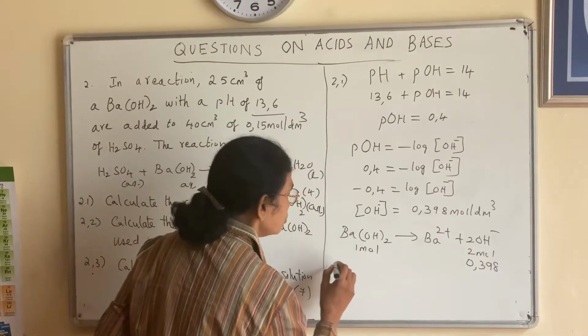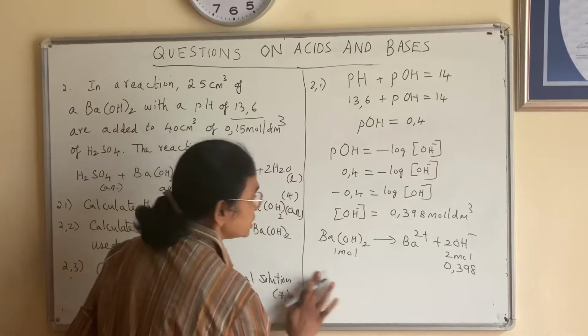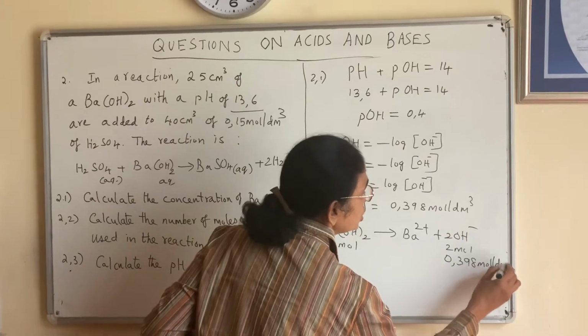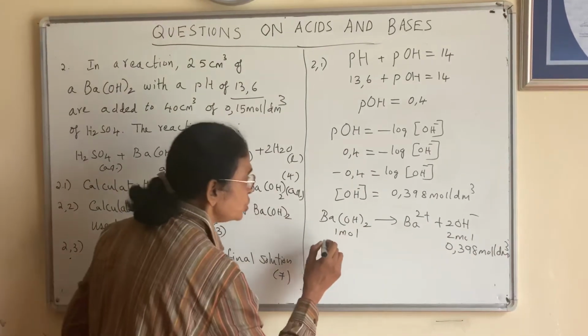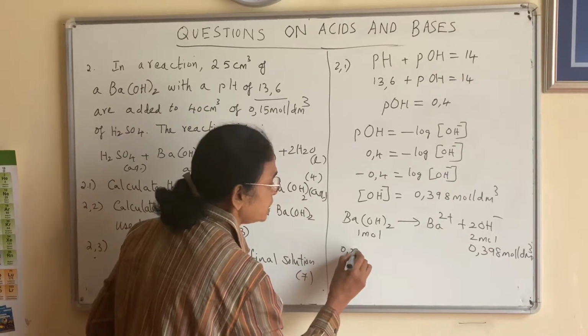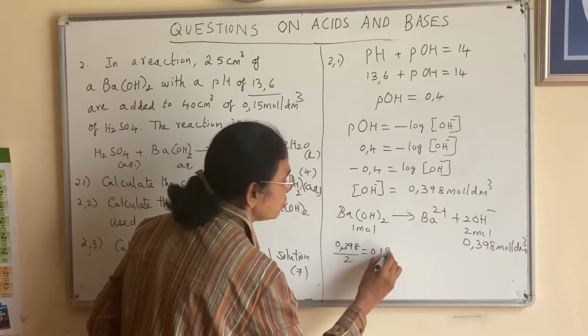So let's find the concentration of barium hydroxide. You have to divide that by 2. So 2 mole is this, 1 mole is that one. So it's going to be 0,398 divided by 2, which is equal to 0,199.